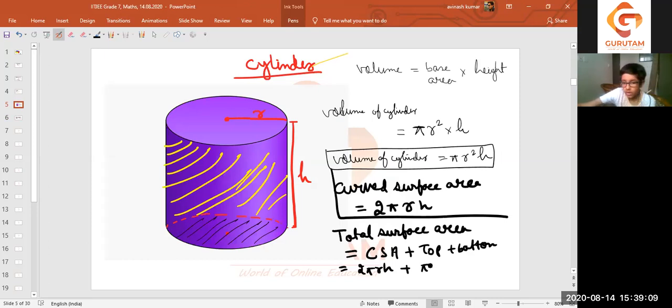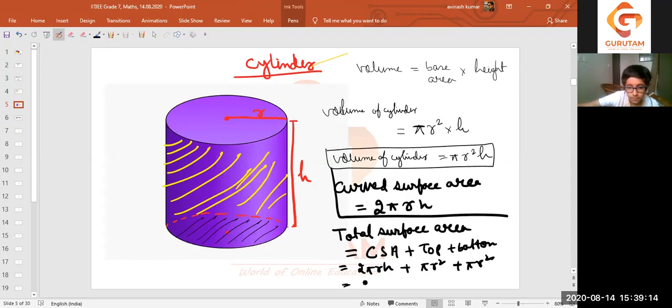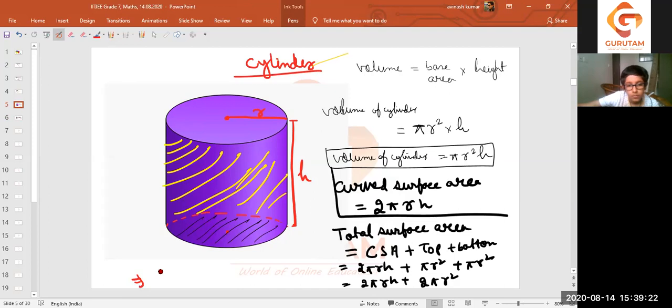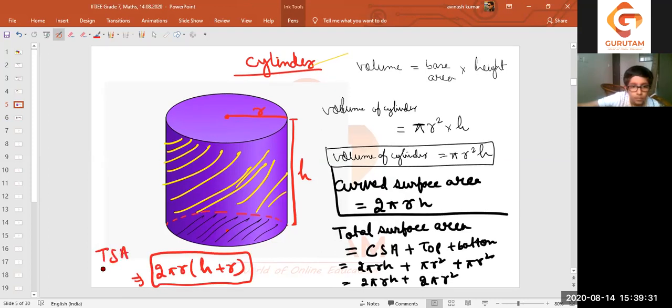Pi r square. What is the bottom? Pi r square. So this becomes 2 pi r h plus 2 pi r square. Can I take something common? I can take common 2 pi r. So 2 pi r times h plus r is the final answer of TSA.